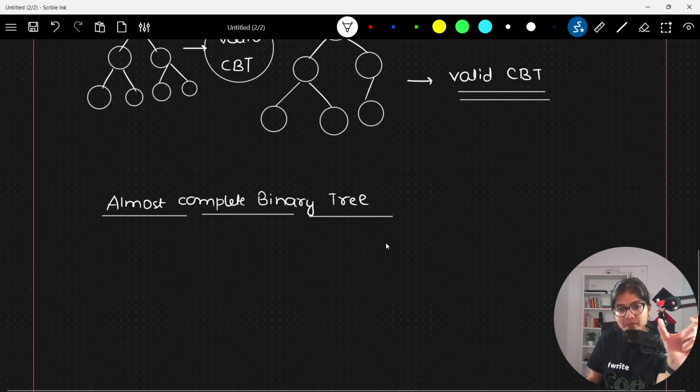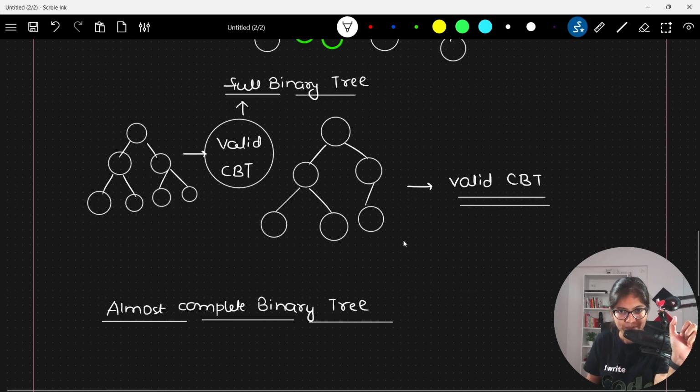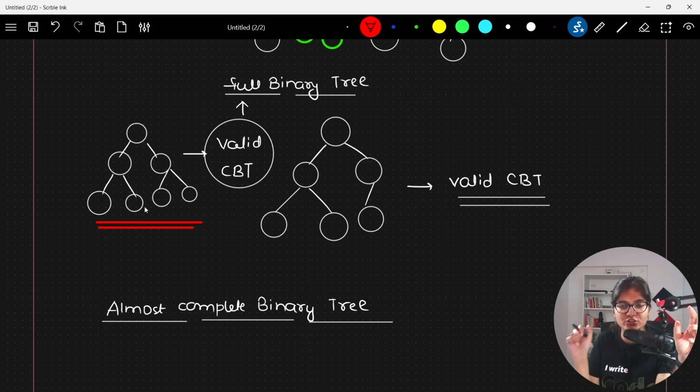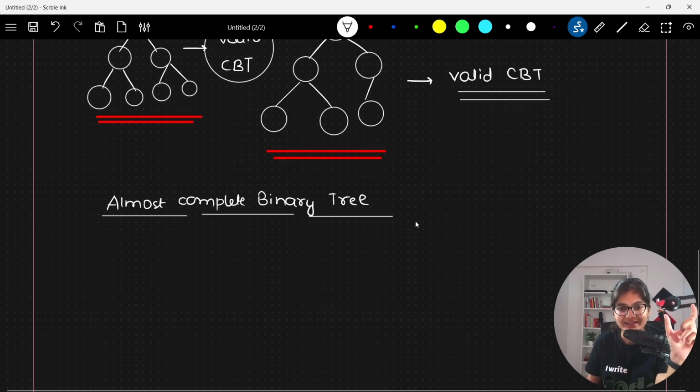Now, when I am talking about an almost complete binary tree, it says that I never encounter this kind of situation where I always have two child nodes. Always and always, I will have only a single child present at the last level, right? So that is a valid CBT, but that is also an almost complete binary tree.